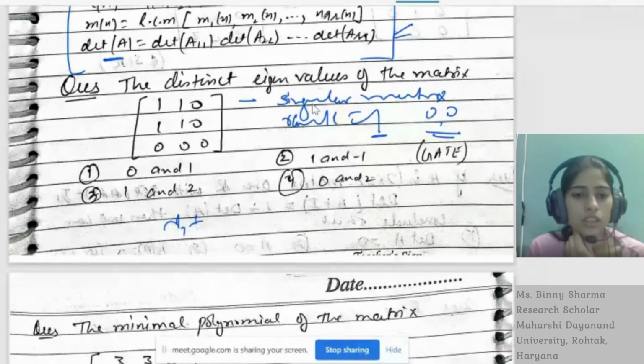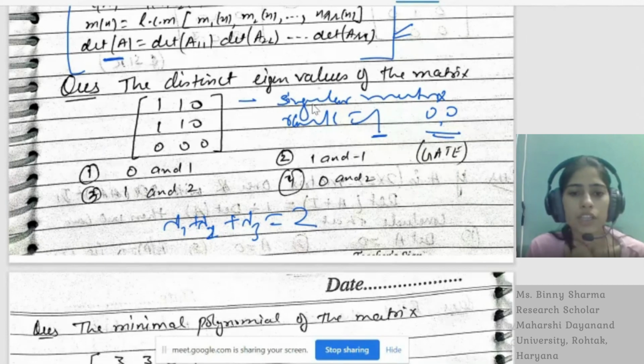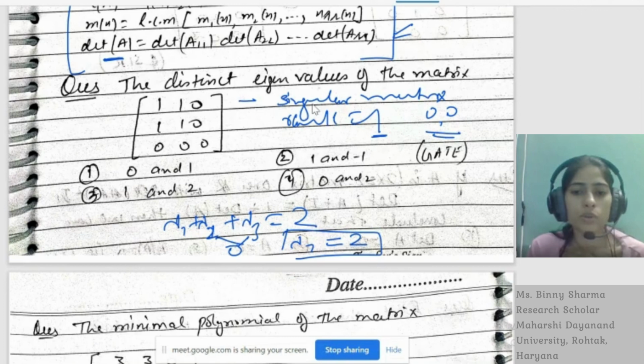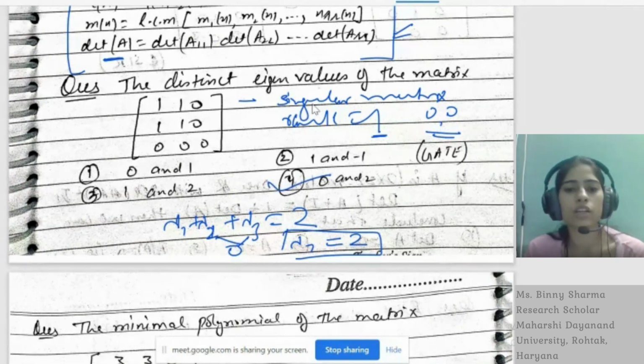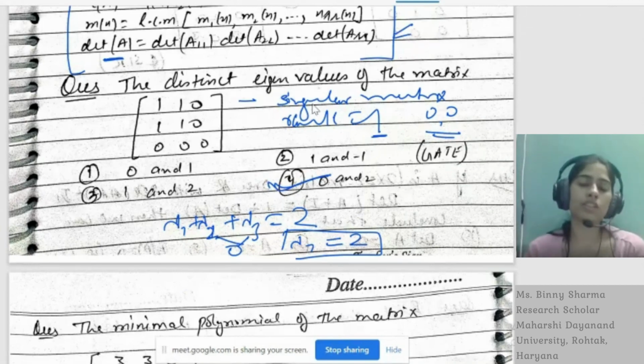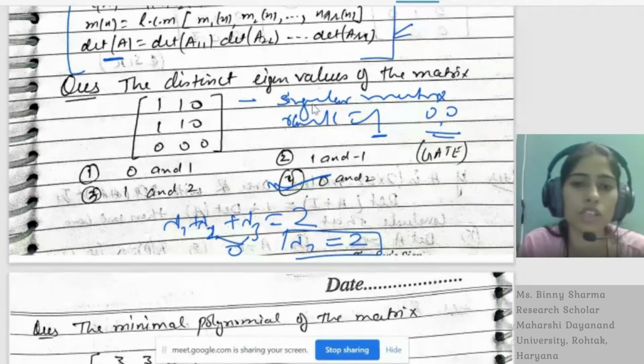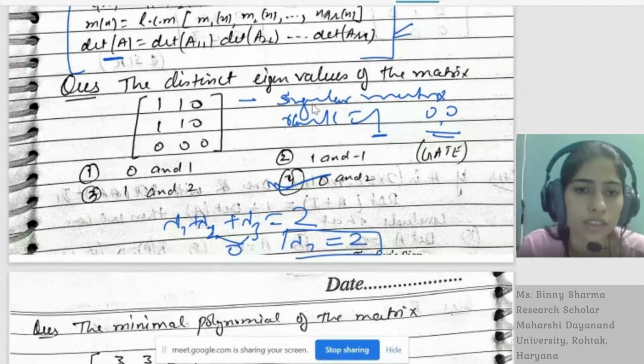So lambda 1 plus lambda 2 plus lambda 3 will be equal to 2, and we have already observed 2 eigenvalues are 0. So the third eigenvalue will be 2. The distinct eigenvalues of this matrix will be 0 and 2. This question was asked in GATE.